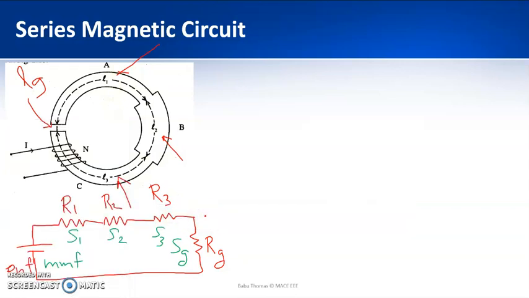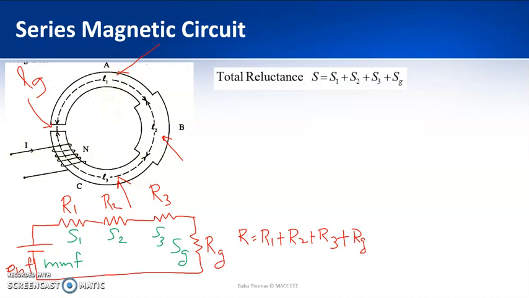So the equivalent resistance will be R is equal to R1 plus R2 plus R3 plus Rg. In the case of a series magnetic circuit, the total S will be equal to S1 plus S2 plus S3 plus Sg.